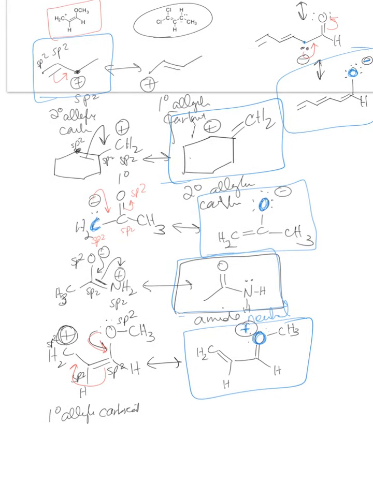Pull that back down. Okay, it's chlorine. So Cl, chlorine. Chlorines are electronegative. They're more stabilizing. And we have an allylic carbanion.